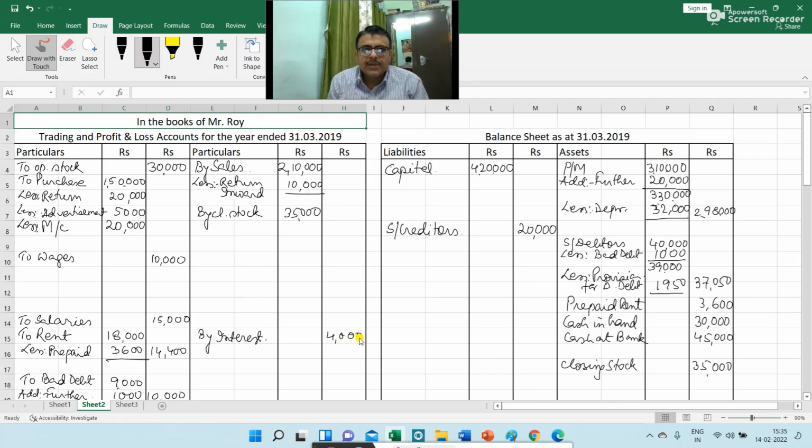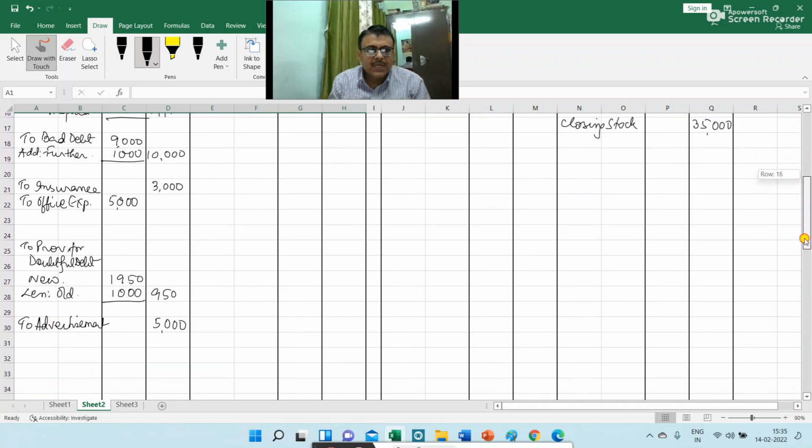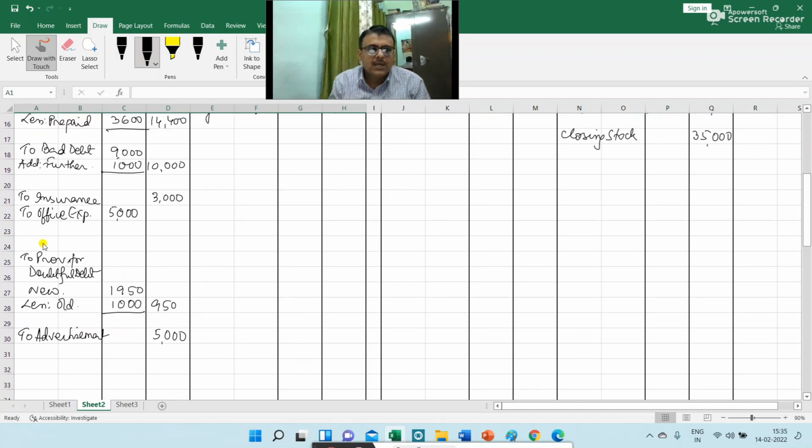The last item is regarding office expense, outstanding office expense. In the P&L account, you need to add outstanding expense 500, and I am adding it with the office expense of rupees 5,000, which is given in the trial balance.